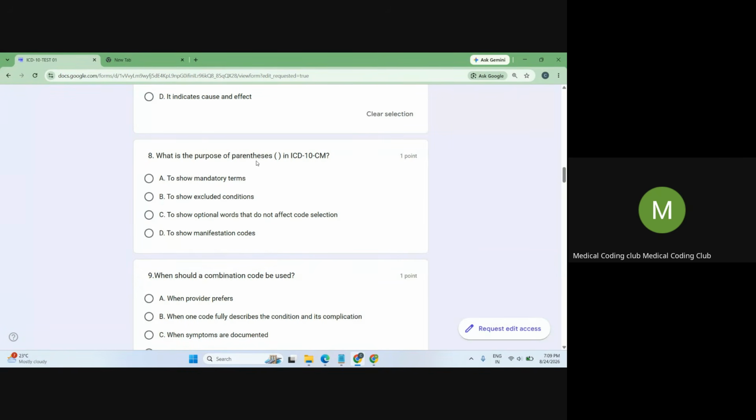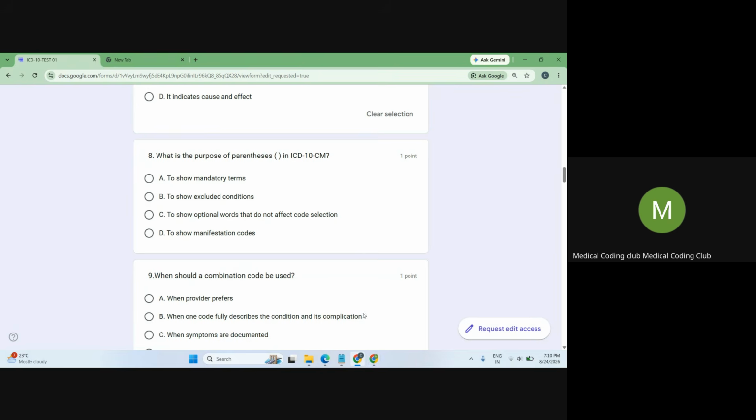In the parentheses, you will sometimes see a non-essential modifier. That means one more word you will be seeing. Will that affect your code assignment? No, ma'am. We have taken the example hypertension, primary hypertension, essential hypertension.